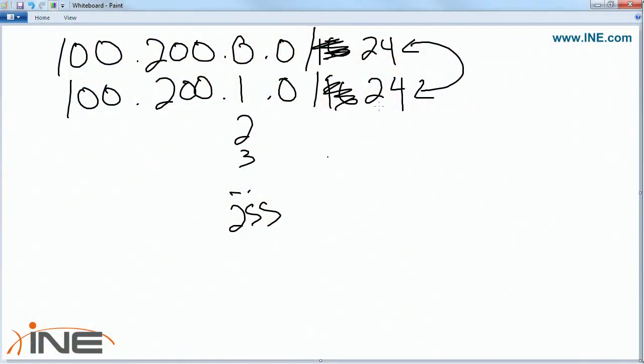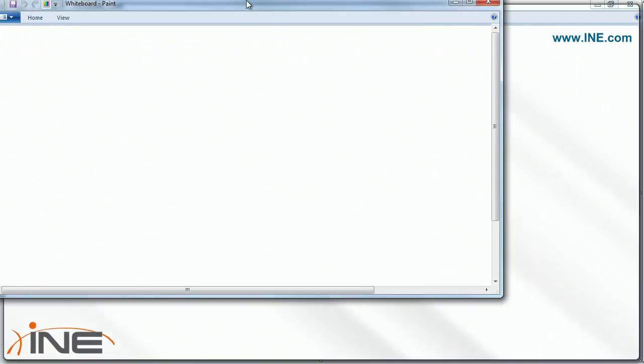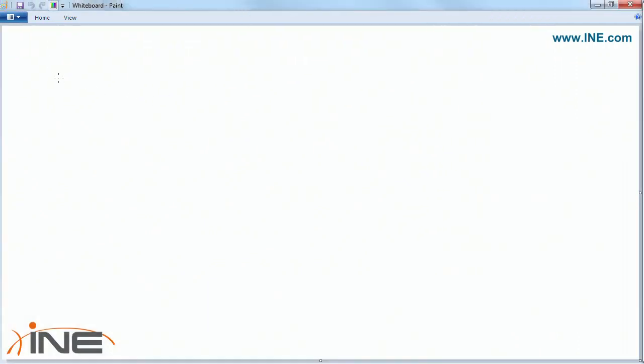So let's say that I want to break this into /28. And this is where it starts to get a little bit more complicated, and you need to start to work this out longhand. So if we were to break this into /28, it means the first two octets are going to stay the same.